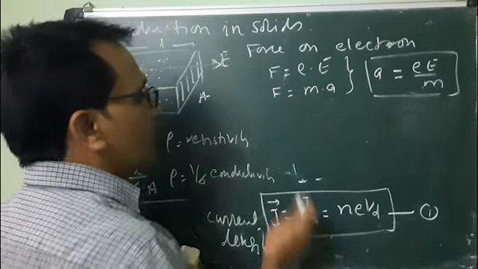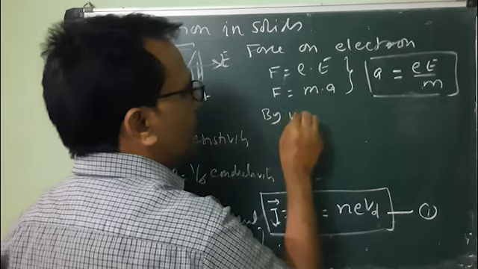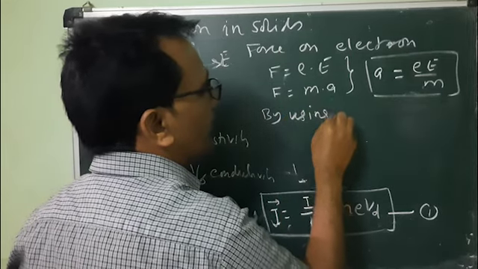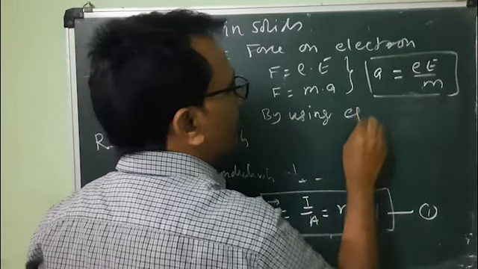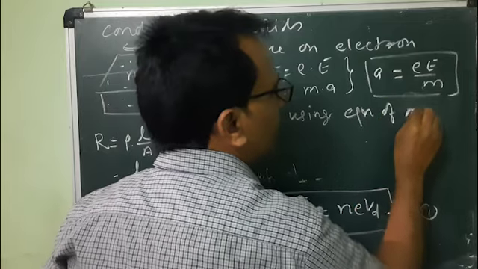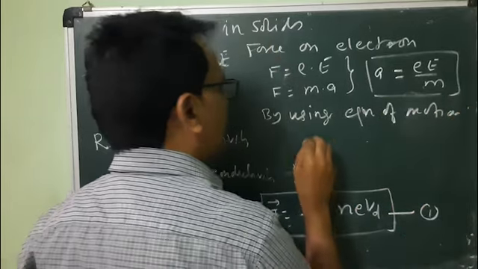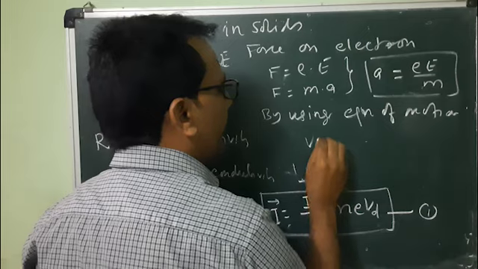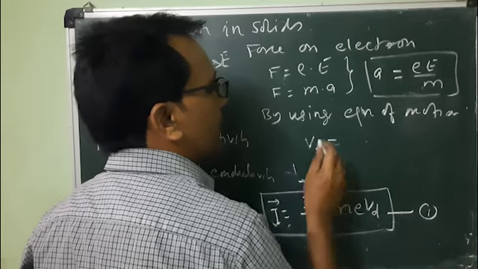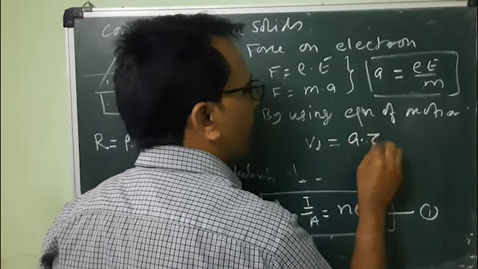By using the equation of motion, the drift velocity Vd, the average velocity, can be written as a multiplied by tau.